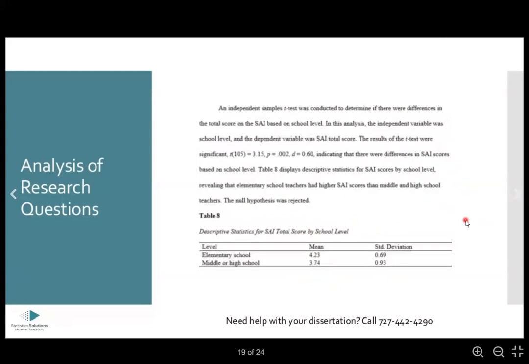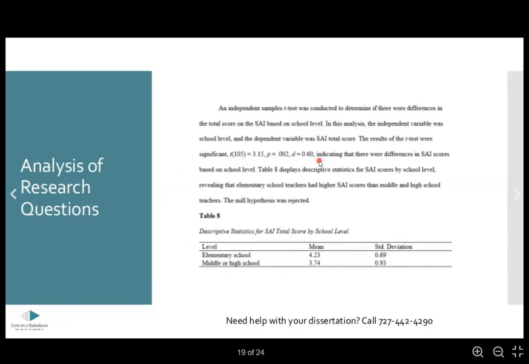Now in the next example, they conducted an independent samples t-test. In this case, we have the same dependent variable, the SAI score, and our independent variable has been swapped out. So now we're looking at school level, and the two levels are elementary school and a combination of middle school or high school. Here again, we're reporting our relevant statistics: the degrees of freedom, test statistic, p-value, and effect size.